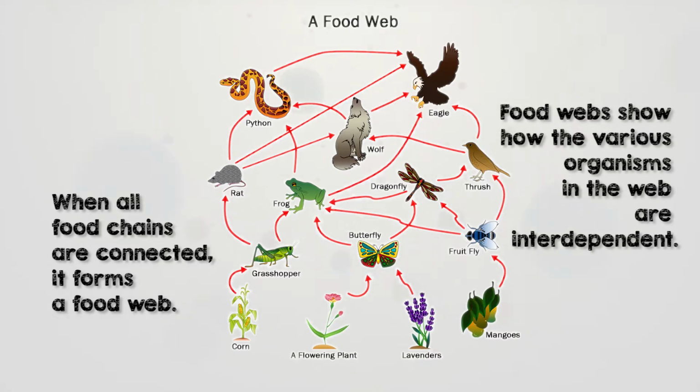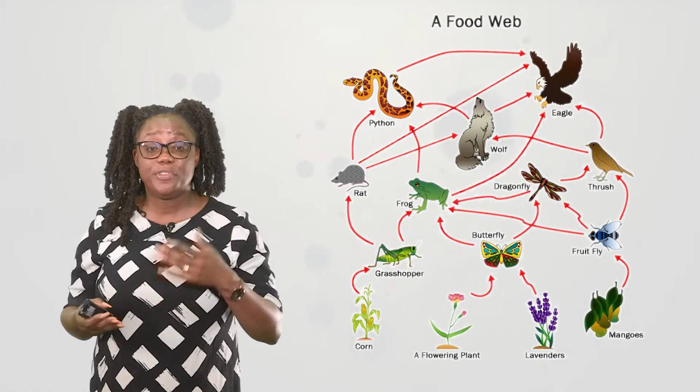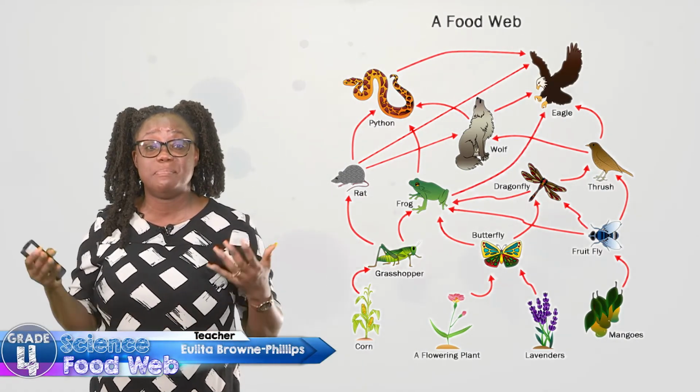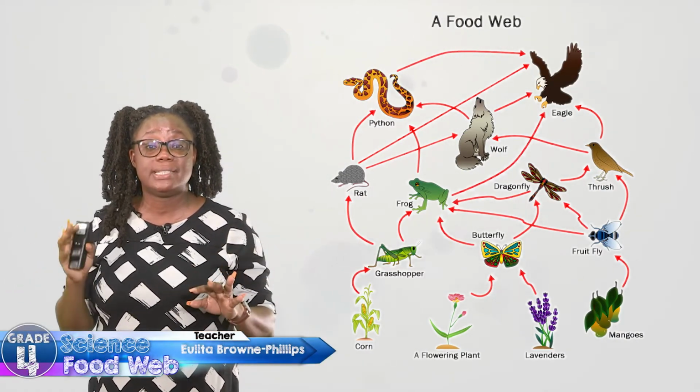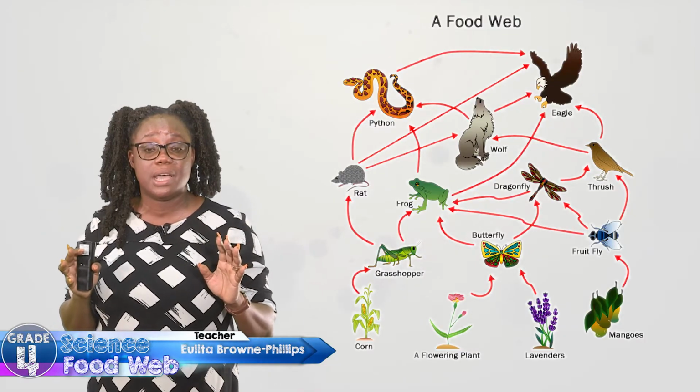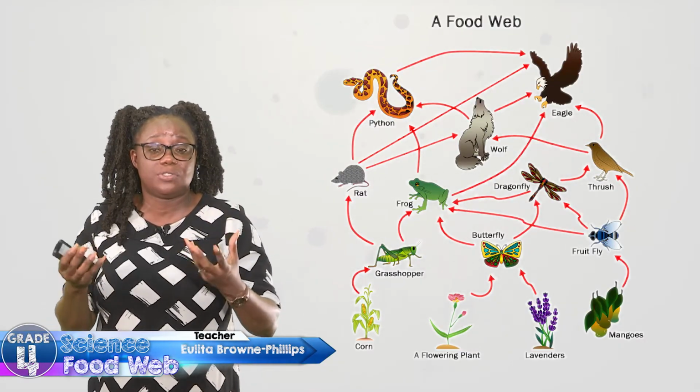Food webs show how the various organisms in the web are interdependent, how they depend on each other. In the food web shown here, we can see multiple arrows pointing to different animals, creating this web-like structure.